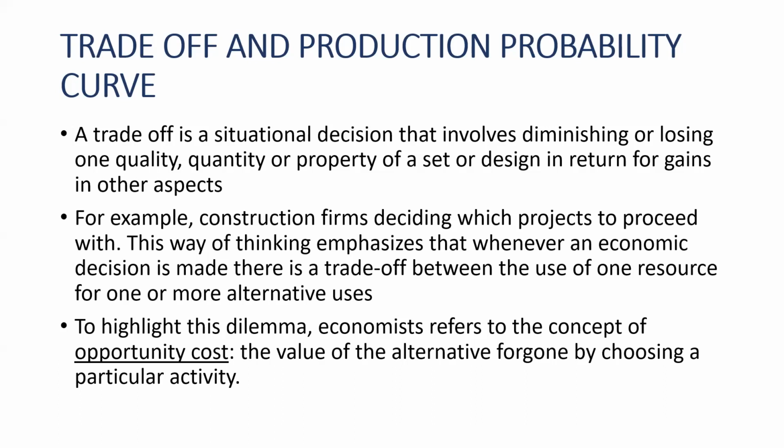What is the loss we incur by choosing another activity? Let's say we have two ways of doing a particular thing. By selecting one way, the opportunity cost is the cost foregone by not selecting the other method. That is what we call the opportunity cost.